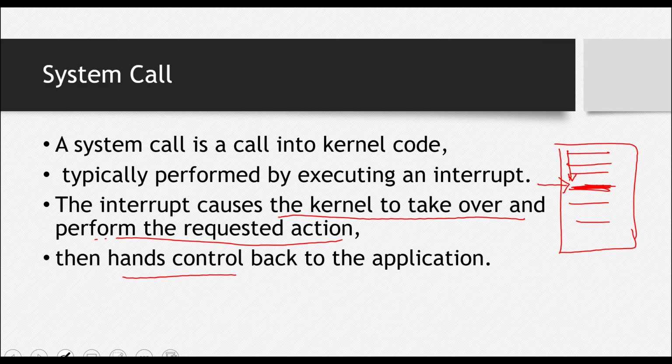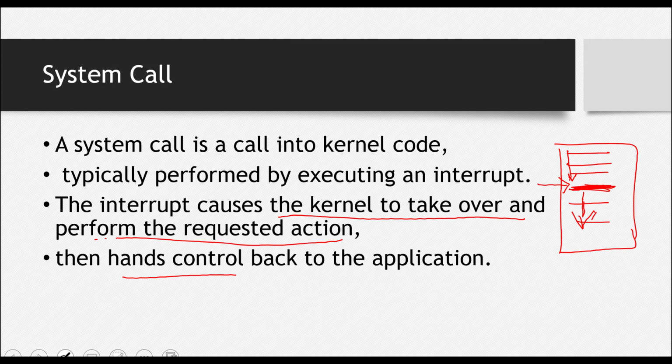That means after the kernel has done whatever you asked it to do, the control will be handed back to this application and your code will start running again from this point.